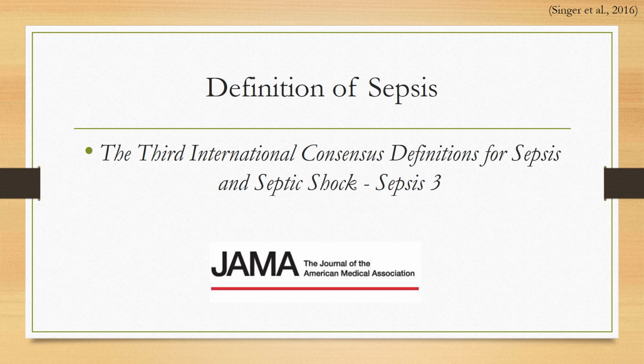Fortunately, the definition of sepsis has only recently changed, with the Third International Consensus Definitions for Sepsis and Septic Shock, otherwise known as Sepsis-3, being released last year in 2016 by the Journal of the American Medical Association. This is important because our previous definition of sepsis hadn't been updated since 2001, despite considerable advances in our understanding and treatment of sepsis.